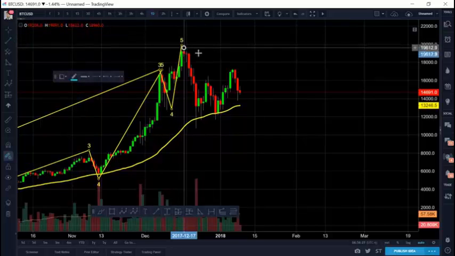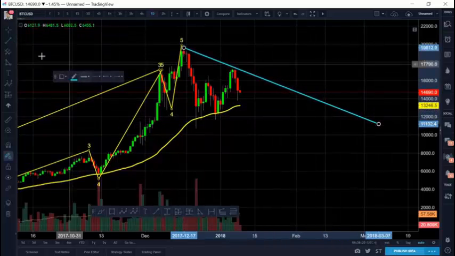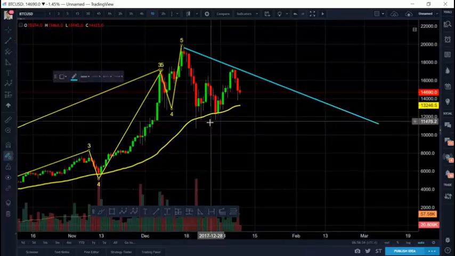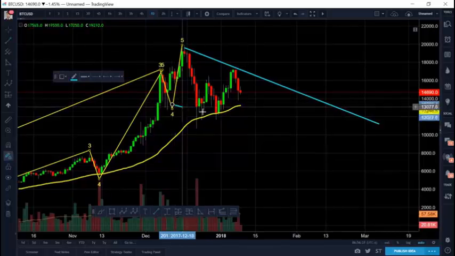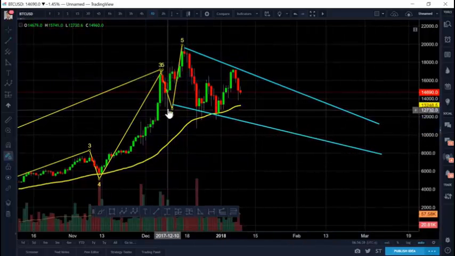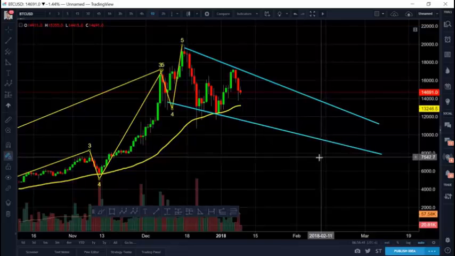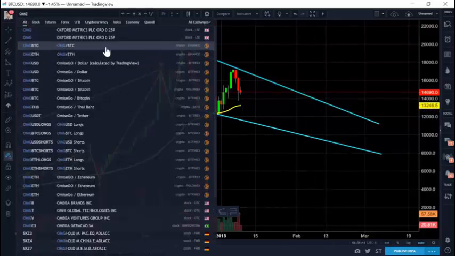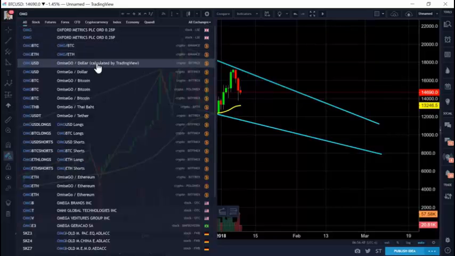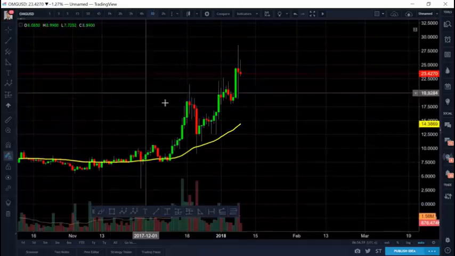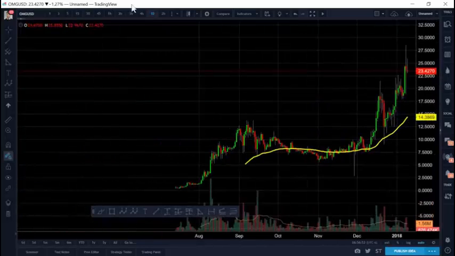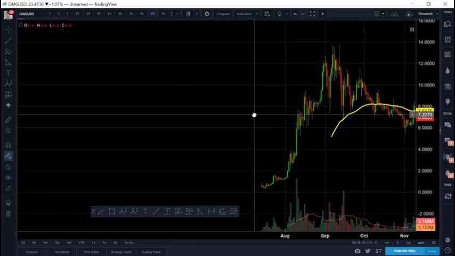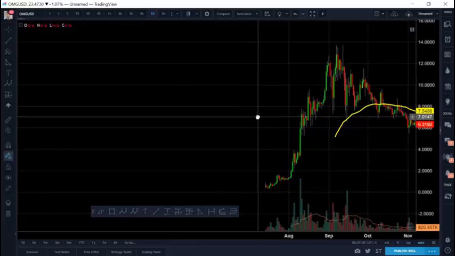And now what we have is our corrective mode. Now, I'm going to explain to you guys how far Bitcoin is ahead of the pack than every other coin out there right now, okay? Let's go to Go. Now, Bitcoin just finished its 5th wave, making the first primary wave.